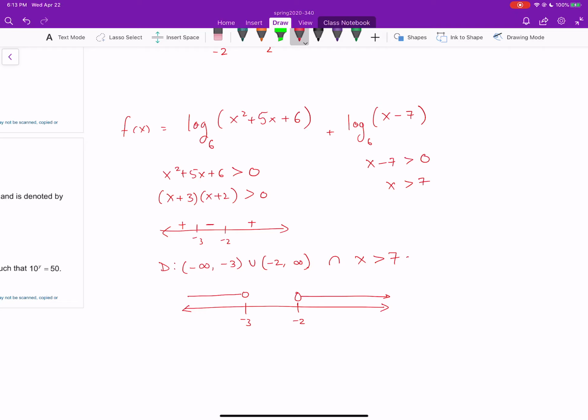And then the other one says I'm at 7 and going that way. If I combine these together, the only place where they both share the same information is right here. So the domain for f of x would be x greater than 7.